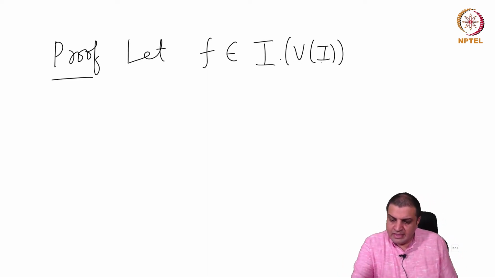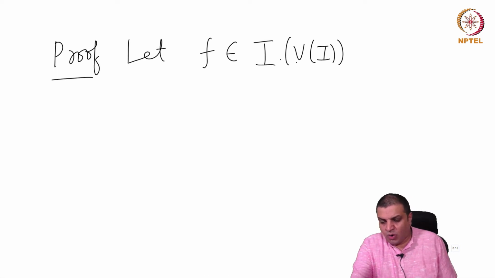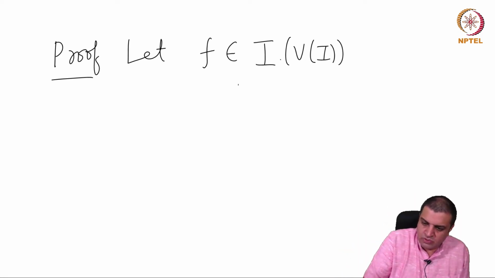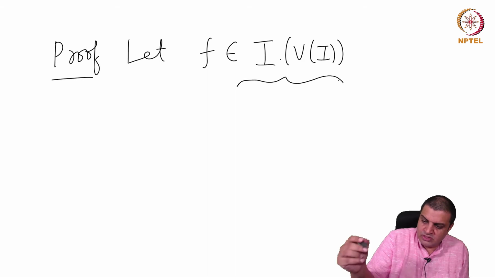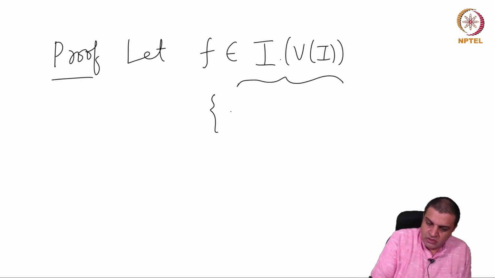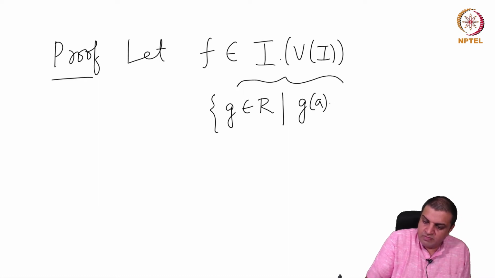Given any I, we can look at its variety, and then we can ask what are all the polynomials which vanish on that V of I. So this is the set of g in R such that g of a equals 0 for all a in V of I.